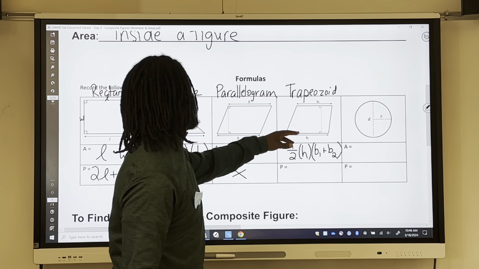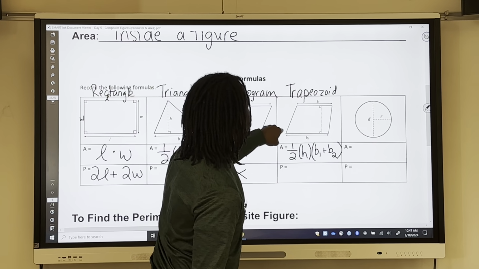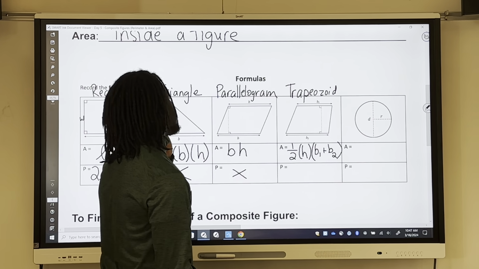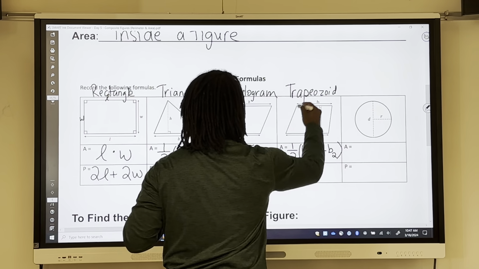So base 1 plus base 2, because in a trapezoid, these bases are different lengths. For the perimeter, you just add up all the sides.